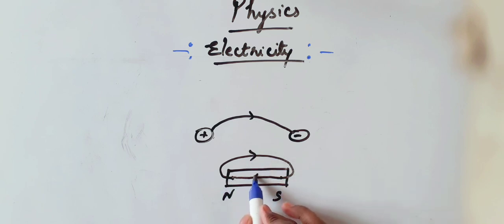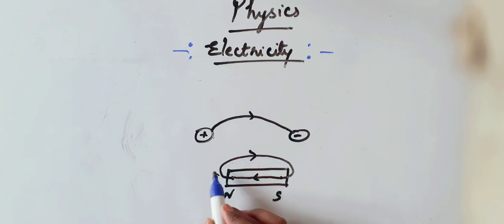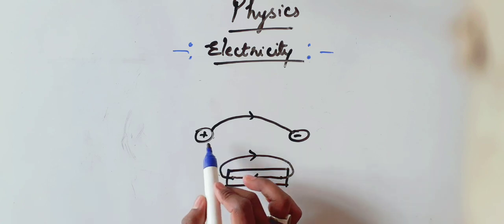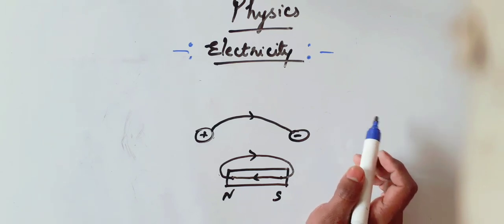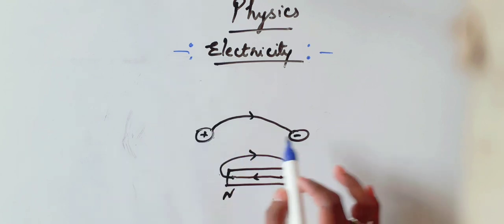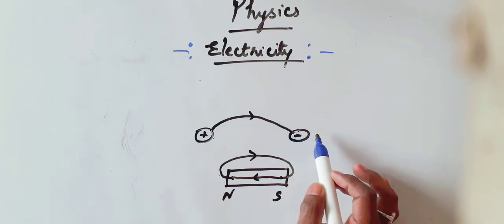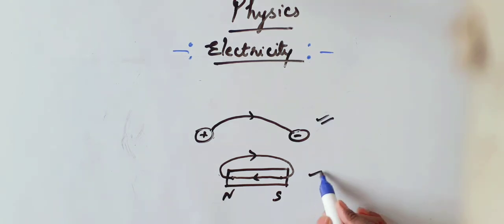So you can see that the magnetic field line forms a closed loop. But electric field lines do not form a closed loop, because they always emit from the positive charge and end on the negative charge. So electric field lines cannot form a closed loop, but magnetic field lines can.